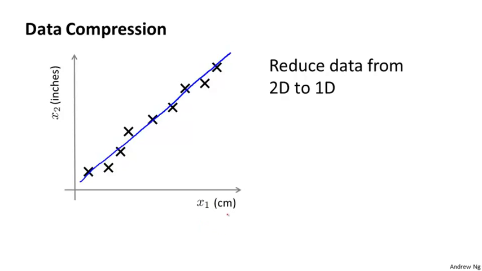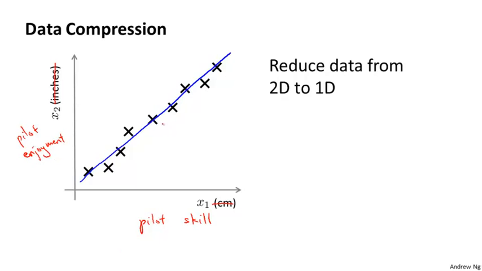For a different example, again, maybe one that seems slightly less contrived, for many years I've been working with autonomous helicopter pilots, or I've been working with pilots that fly helicopters. If you were to do a survey or do a test of these different pilots, you might have one feature, x1, which is maybe the skill of these helicopter pilots, and maybe x2 could be the pilot enjoyment, that is, how much they enjoy flying, and maybe these two features will be highly correlated.